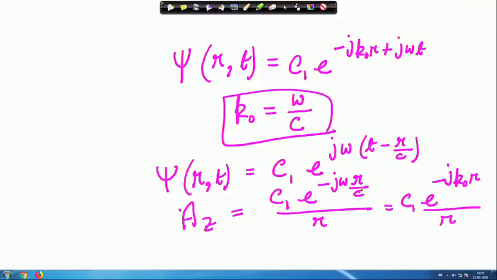Here you will see that in time domain generally we bring this k naught as omega by c, but in antenna parlance we will see that this wave number domain has some advantages. That is why, when we are in phasor domain considering the radiation things, we do it, but if we come to time domain generally we bring back through this relation omega. Okay. So, this is the solution, Az is this, C1 is yet to be found out. So, that means this is the solution for the homogeneous part or the general solution of the differential equation.